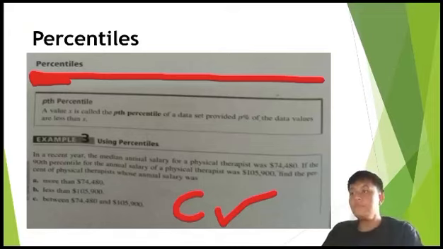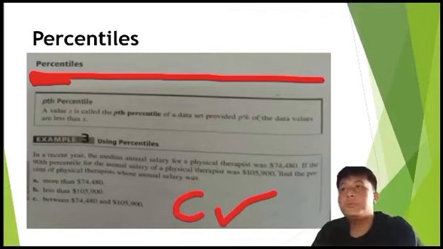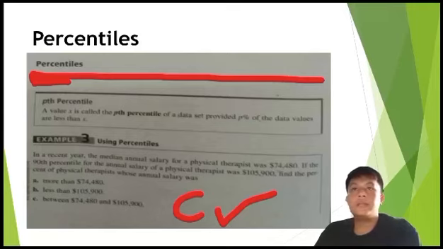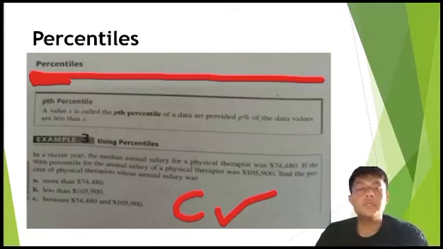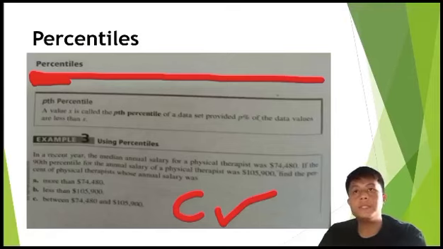Ang solution natin dito is, by the definition, median is the 50th percentile. Therefore, 50% of the physical therapists earn more than 74,480 per year. Because 105,900 is the 90th percentile, 90% of the physical therapists made less than 105,900.